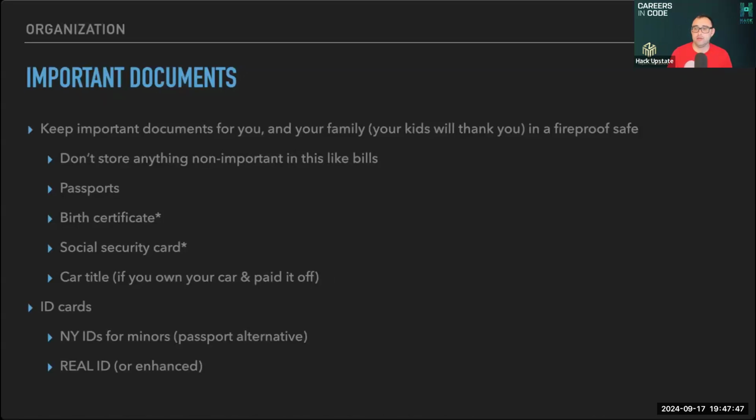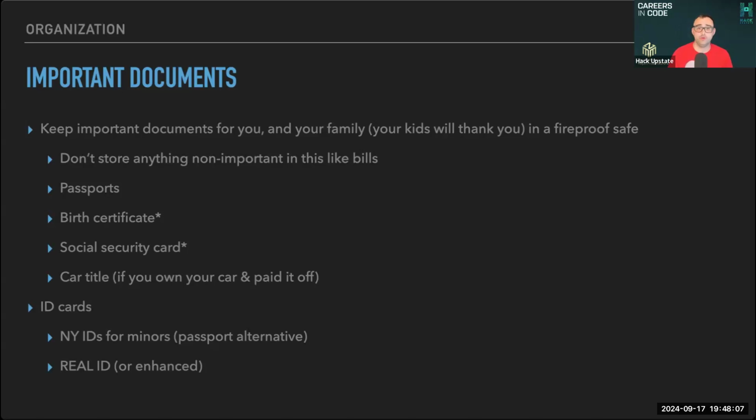And I don't think there's any additional cost for a Real ID, but you do need to bring in two proofs of address. It can be a utility bill, it can be a bank statement, it can be basically anything that has your full name and your address on it.